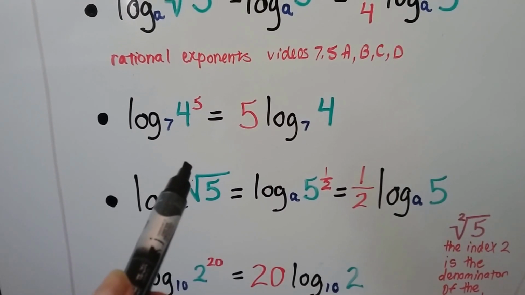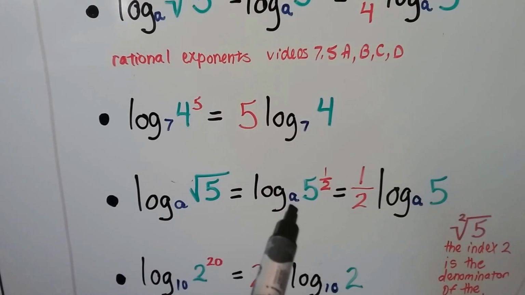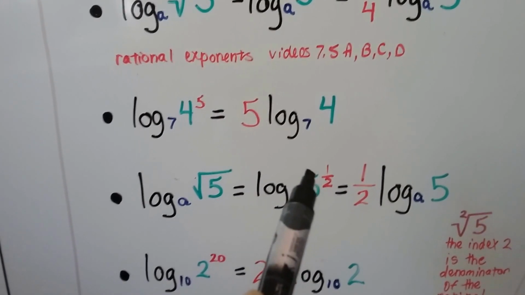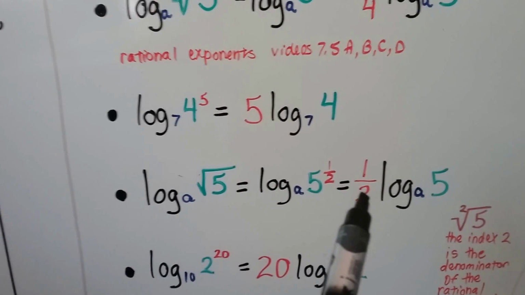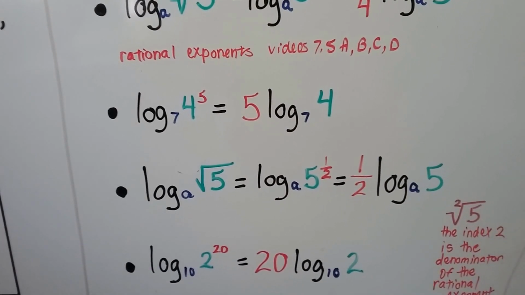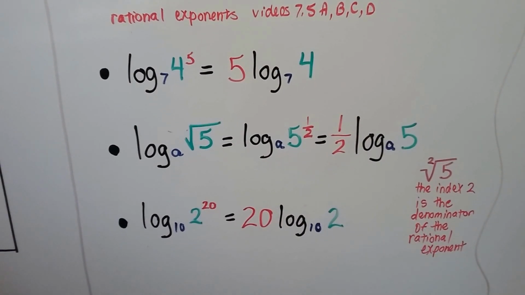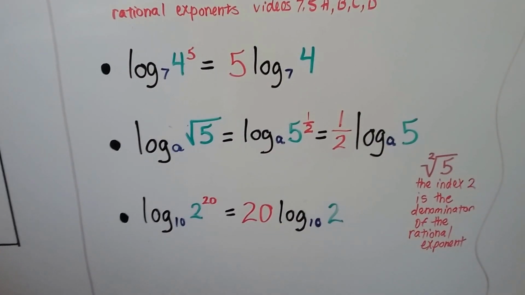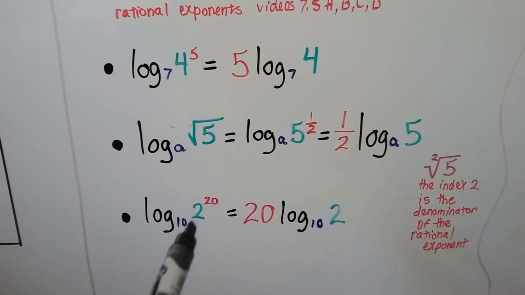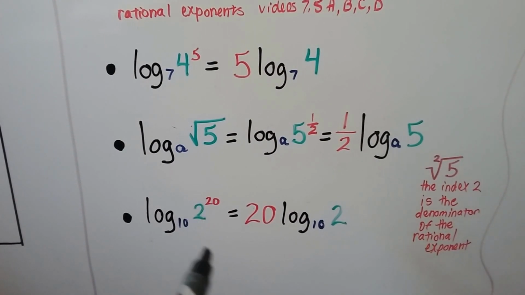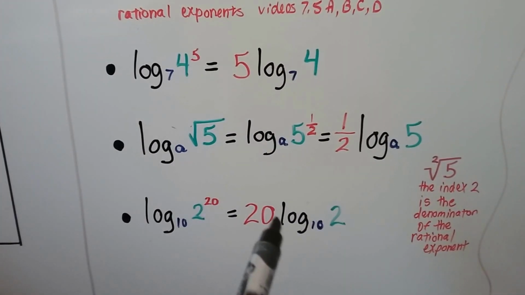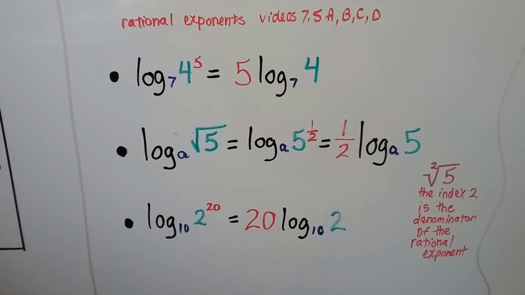So that's going to be our denominator. So we're going to have log base a of 5 to the 1/2 power, which is going to give us 1/2 times log base a of 5. So just remember that little index is the denominator of the rational exponent. If we have log base 10 of 2 to the 20th power, it's going to equal 20 times log base 10 of 2.